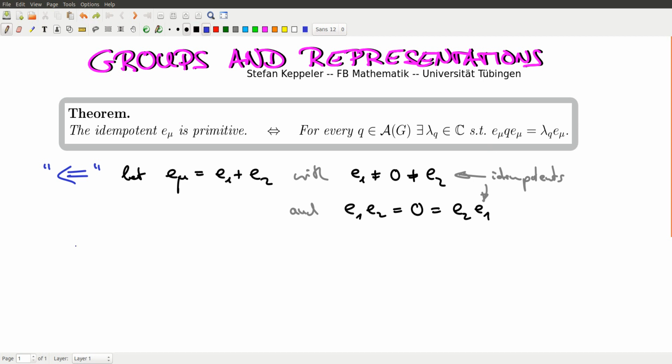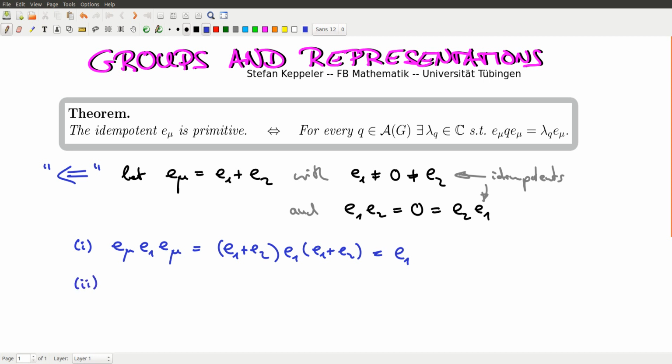How can we do this? Let's look at e mu e1 e mu. So since we said e mu is e1 plus e2, we have this triple product here. And now all the mixed terms are 0 because of this. And then we have e1 cubed, but e1 cubed is just e1, since e1 squared is e1.